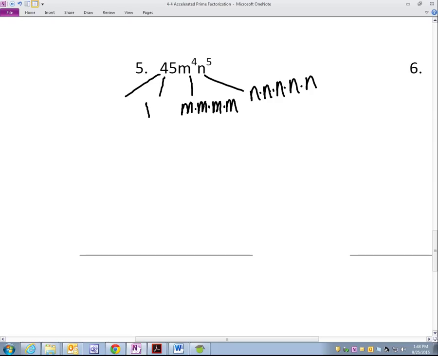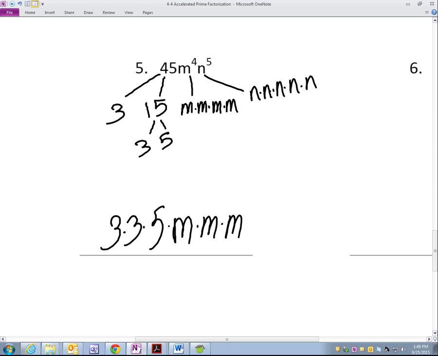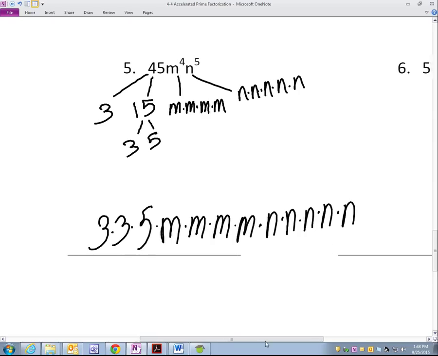Good question, by the way. 9 and 5? Yeah, because 9 factors out to 3, 3. So you're still going to have 3, 3. Did you just write the variables down at the bottom, or did you just get rid of them?